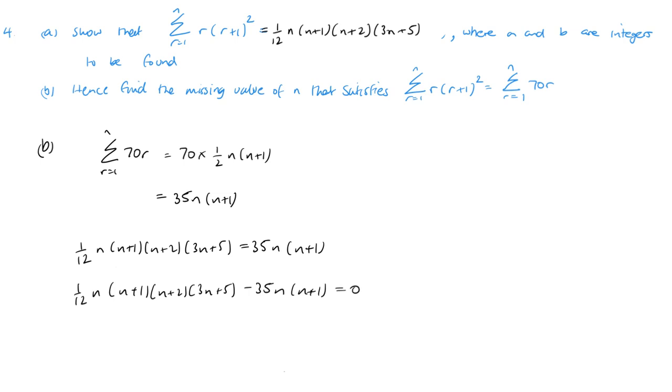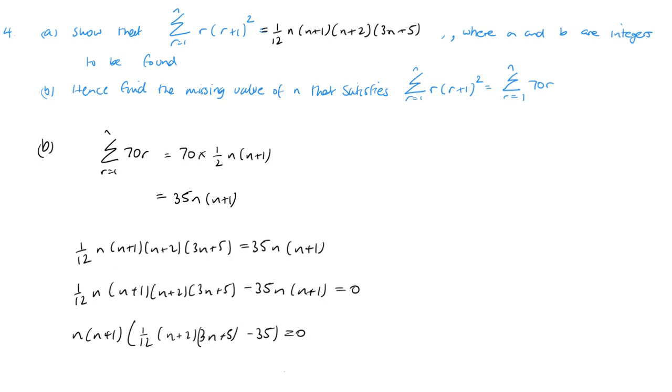Okay, now we can factorize out n plus 1, and that leaves me with 1/12 n plus 2, 3n plus 5 minus 35.